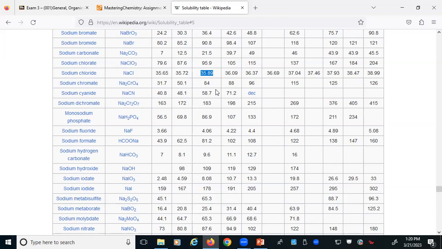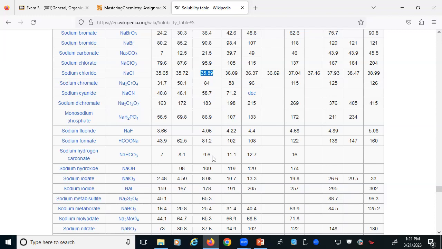But what we can see also on this table, and again, it's easy to get lost in the minutia here, is that there are different values for different substances. So sodium chloride, we know, dissolves pretty well. Sodium hydrogen carbonate, baking soda, doesn't dissolve nearly as well: 9.6 grams per 100 instead of 36 grams per 100.